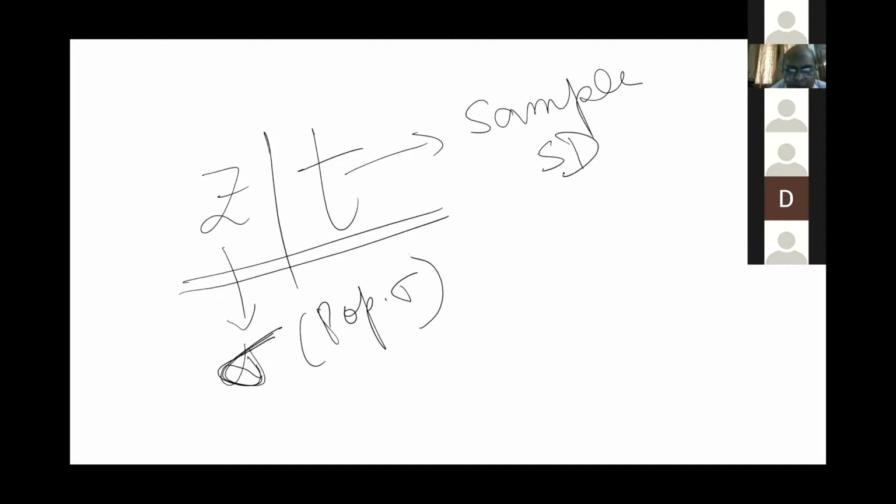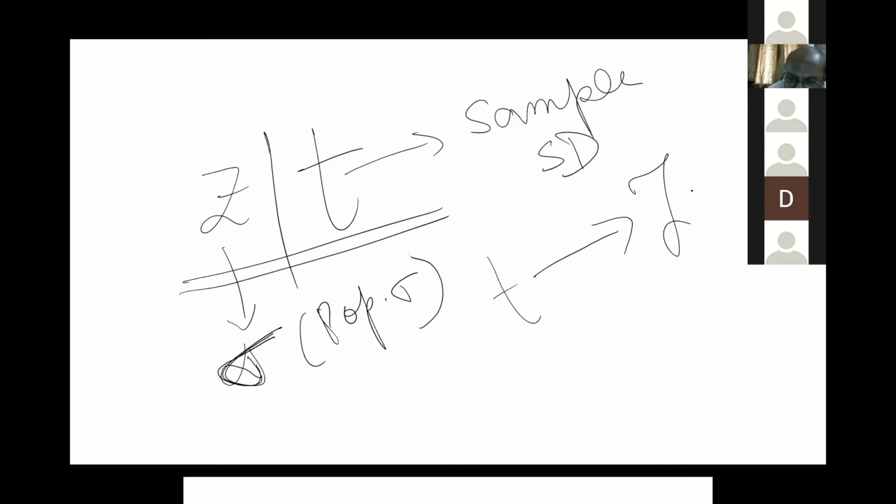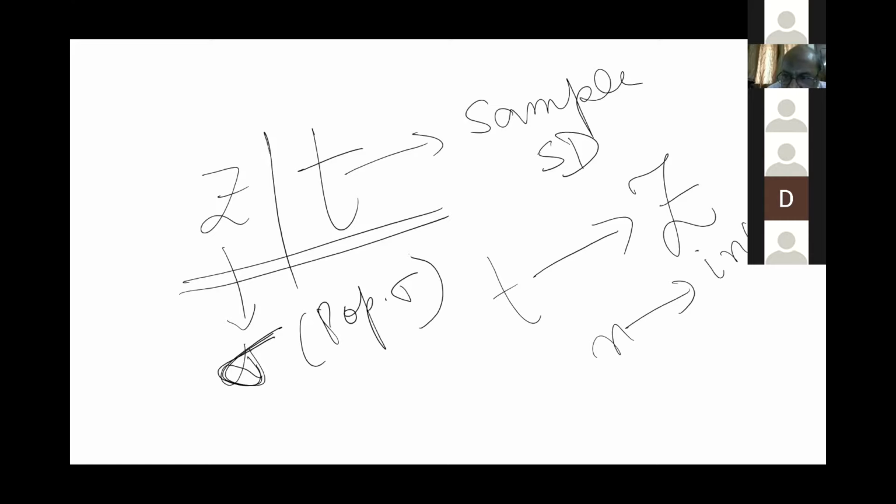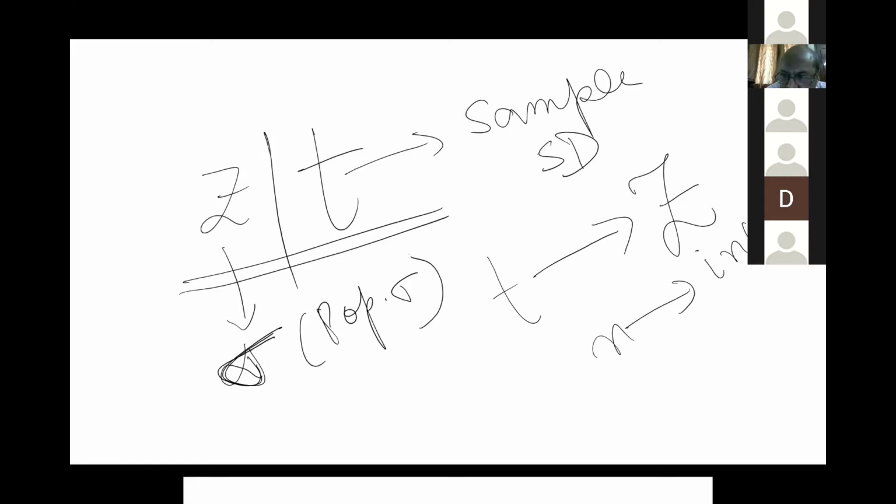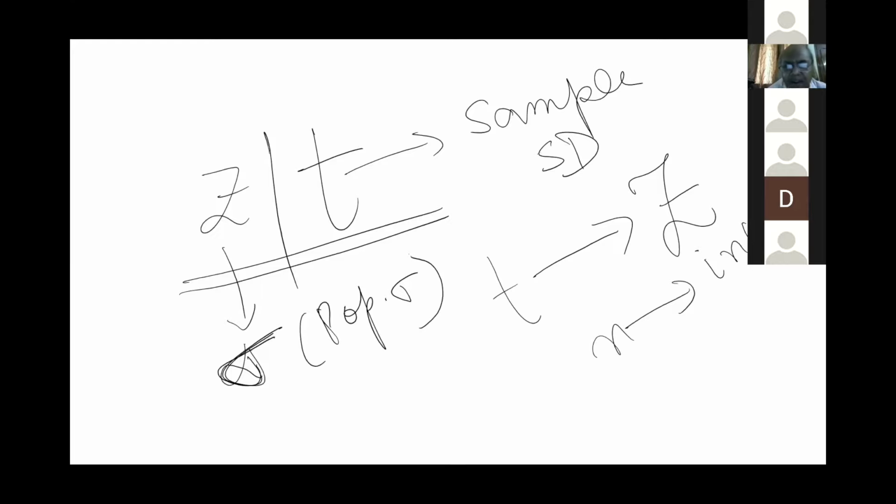Another reason for using the T statistic is that T converges to Z as the sample size grows. So for a larger sample, it doesn't make a difference whether you use T statistics or Z statistics, as both are giving you the same results. However, for a small sample, you should always use the T statistic. Okay, is that difference clear?